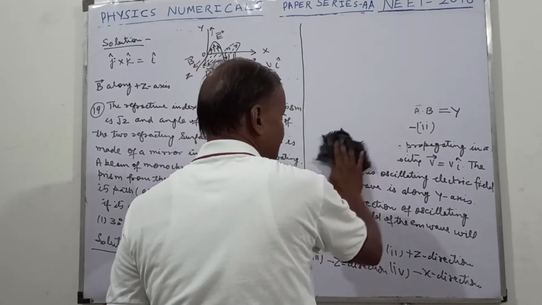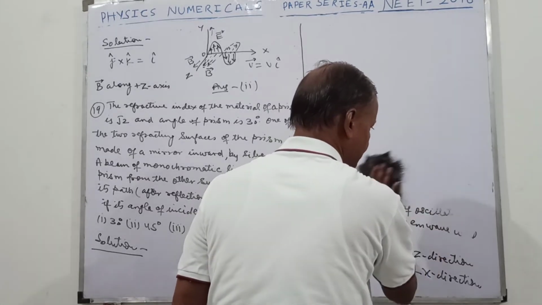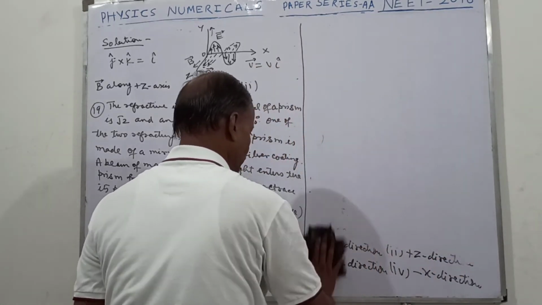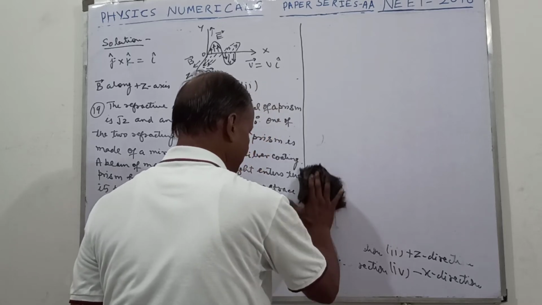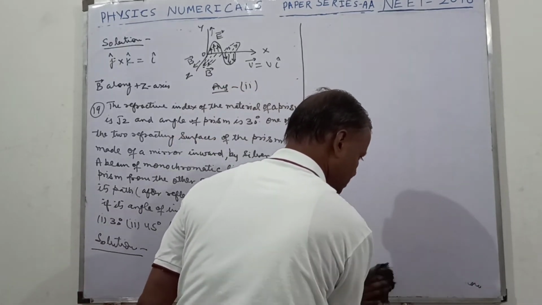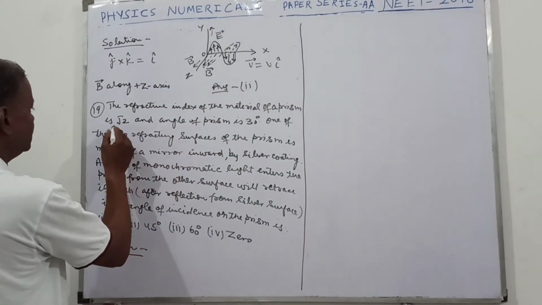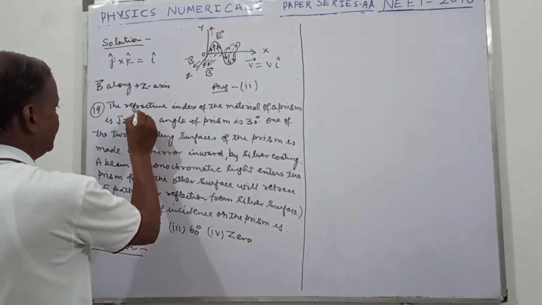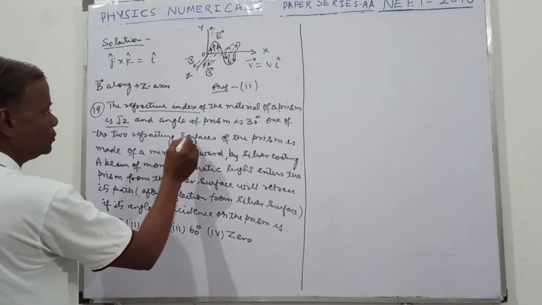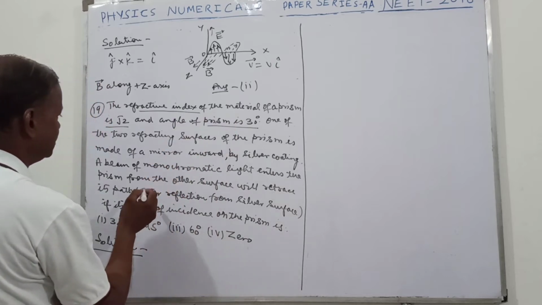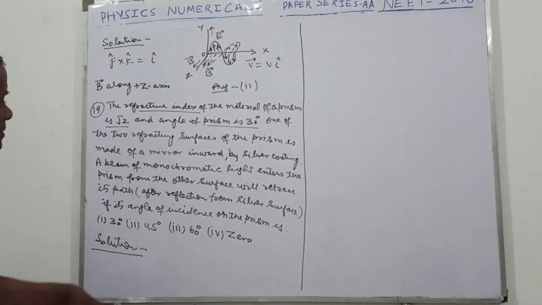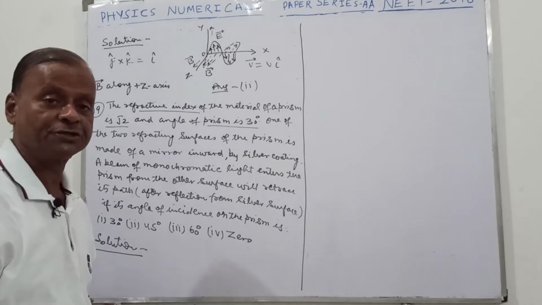You are given the prism of refractive index square root of 2. Prism angle is given to be 30. Now the strategy made in this question is that one of the refracting surfaces is polished by silver, so that a mirror is made inward.